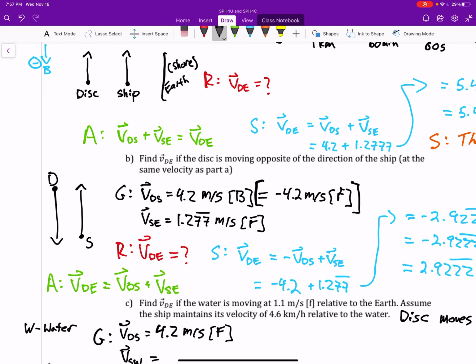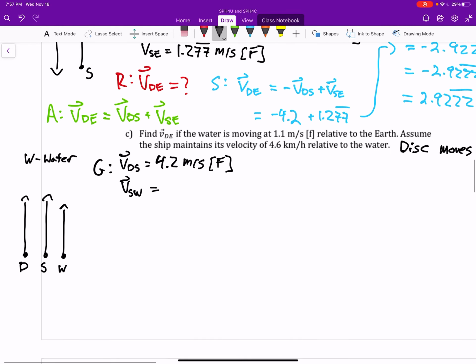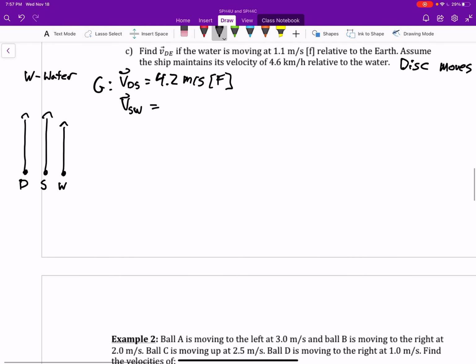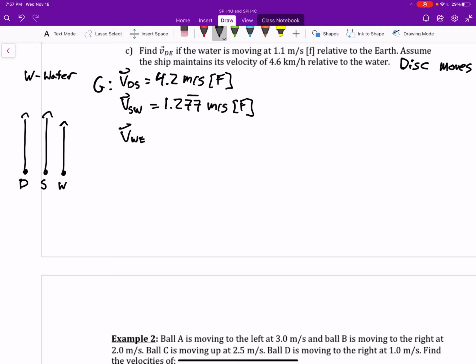So the same velocity, but we're measuring it relative to something new, 1.277 repeating meters per second. This is also forward, but this is now relative to the water. And then the new thing we are given is the velocity of the water relative to the Earth, which is 1.1 meters per second forward.